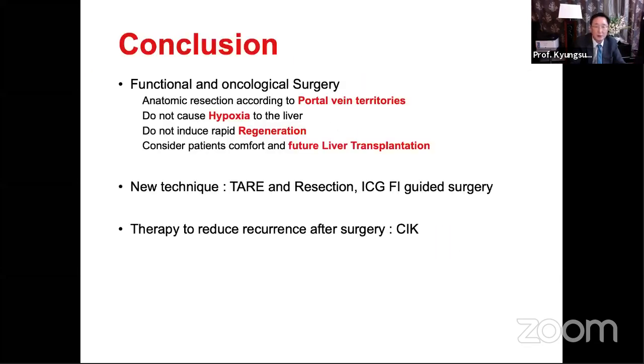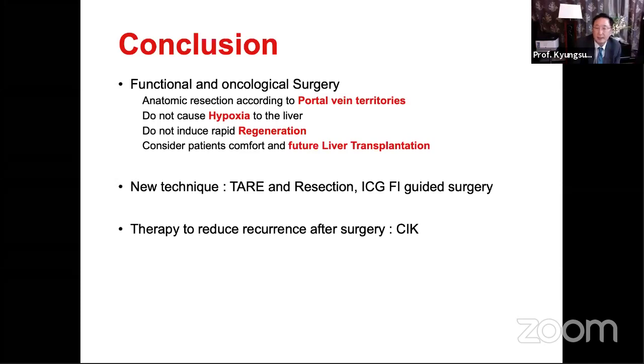So it is my conclusion. We have to consider functional and oncological liver resection. We have to do anatomical resection according to the portal vein territories. Do not cause hypoxia to the liver, do not induce liver regeneration, and consider patient comfort and future liver transplantation. TARE may replace the TACE and portal vein embolization, which used to be done for safe liver resection when a small liver remnant is expected.